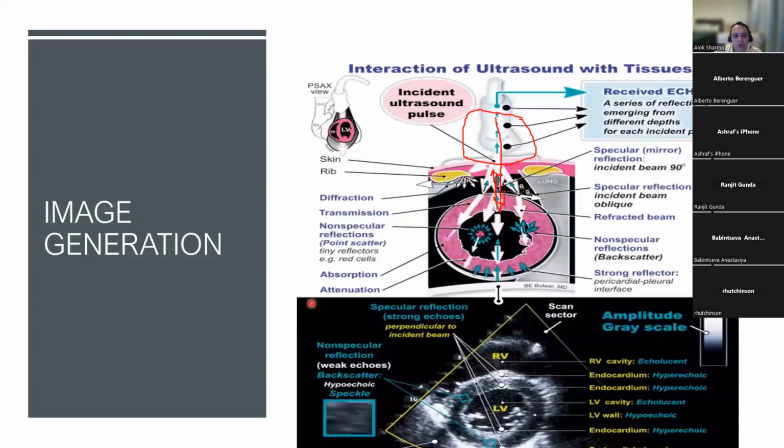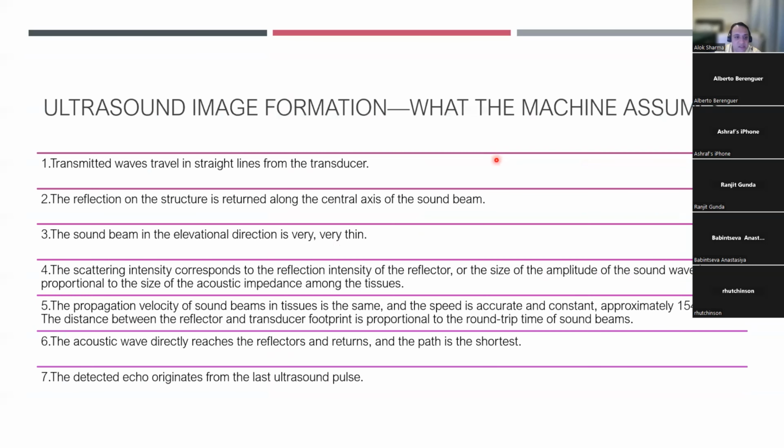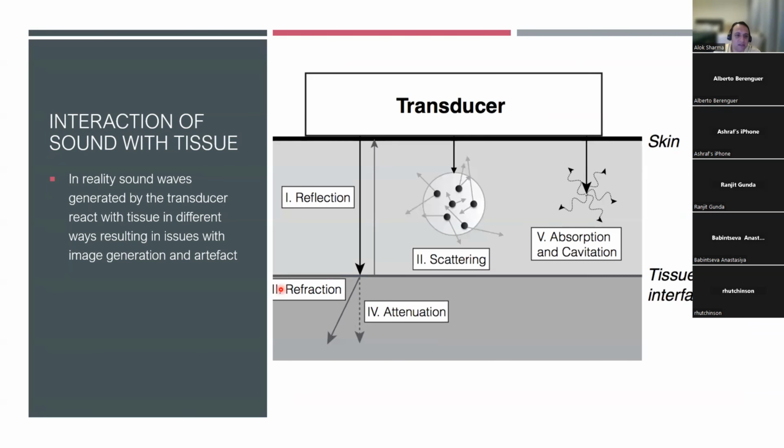So it's throwing sound waves at a certain velocity, maybe 1500 meters per second. It makes the assumption that passing through this tissue, that velocity will remain constant. And that from our perspective, the last pulse takes a longer time to come back to it. So there are certain assumptions that this machine makes.